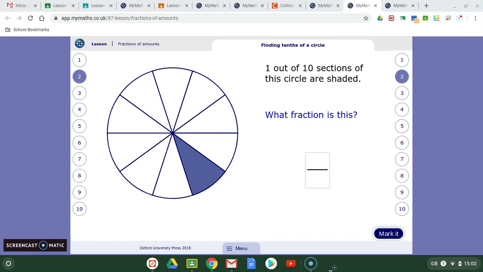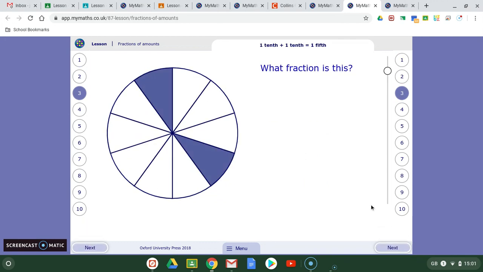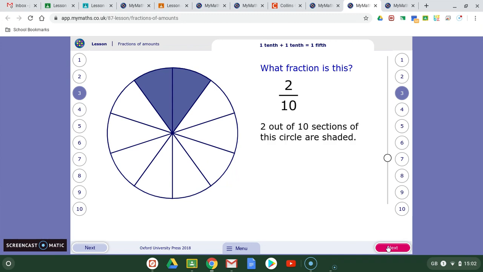Firstly, 1 out of 10 sections of this circle are shaded. What fraction is this? We would know that it would be 1/10 shaded. Let's see if that's right. Lovely, good. Let's have a look at this then. What fraction is this? Well, we know it's 2/10, 2 out of 10 are shaded there.